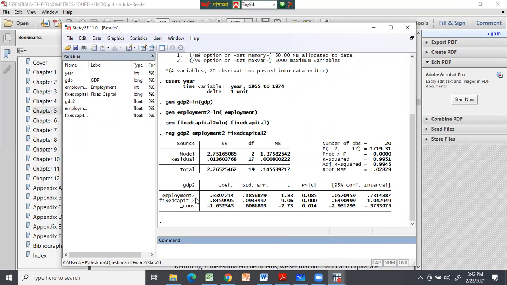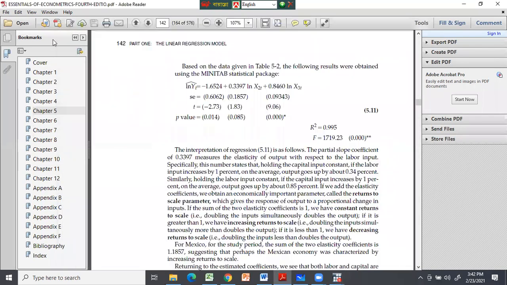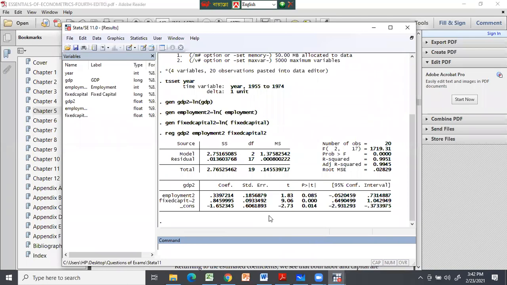That means the log form of the employment, ln x2, x2 is here employment. And for the log form of fixed capital, followed by x3, it is 0.8460, which is also here as 0.8459. That means 0.8460. Okay, so the output we have generated is consistent with the output given in your text.